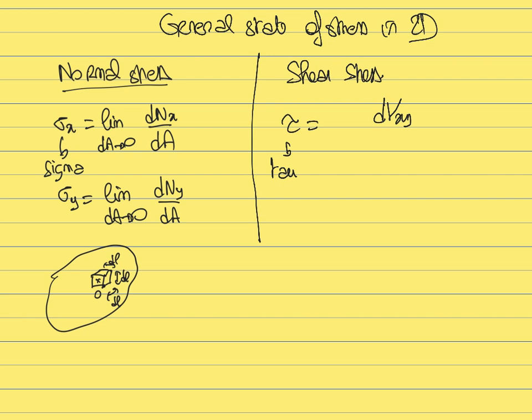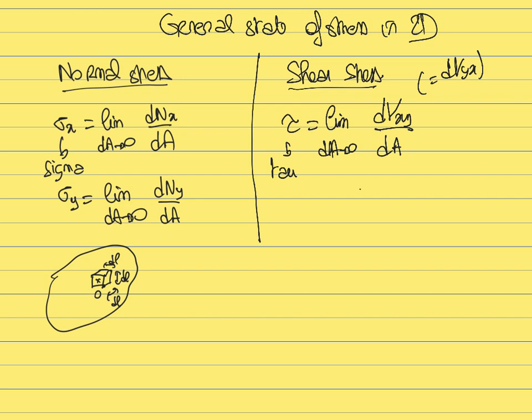Remember that the shear force dVxy is equal to dVyx, and we take the ratio of this shear force over the surface over which it is applied, dA, and we take the limit when dA tends towards 0. So this gives us the shear stress tau, which again is the ratio of the shear force divided by the area over which it is applied.